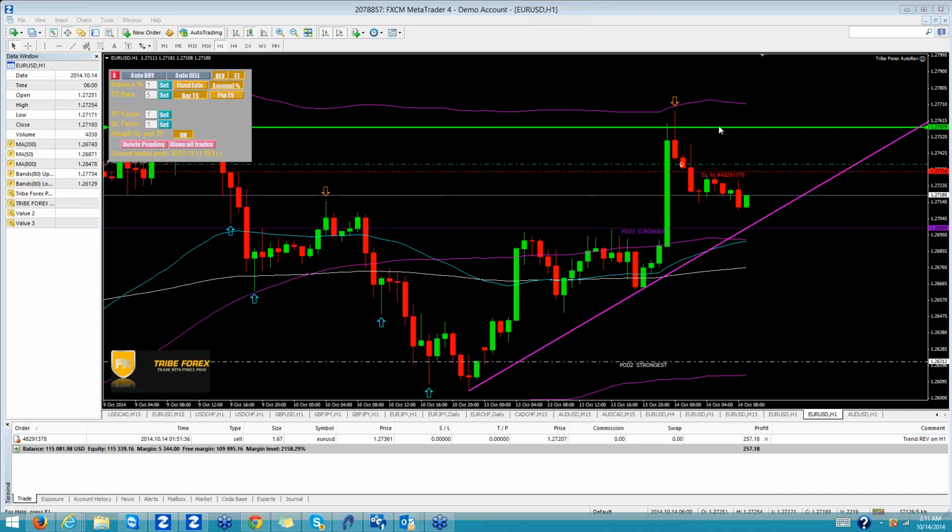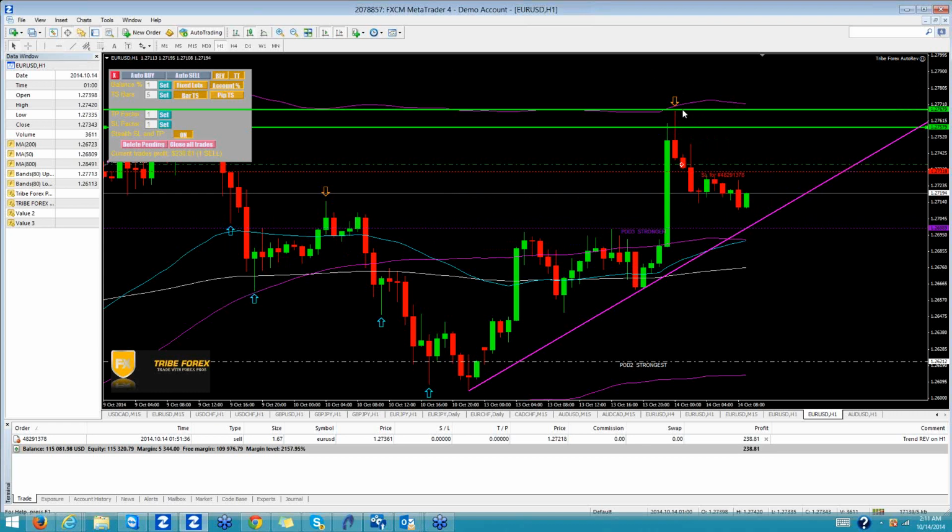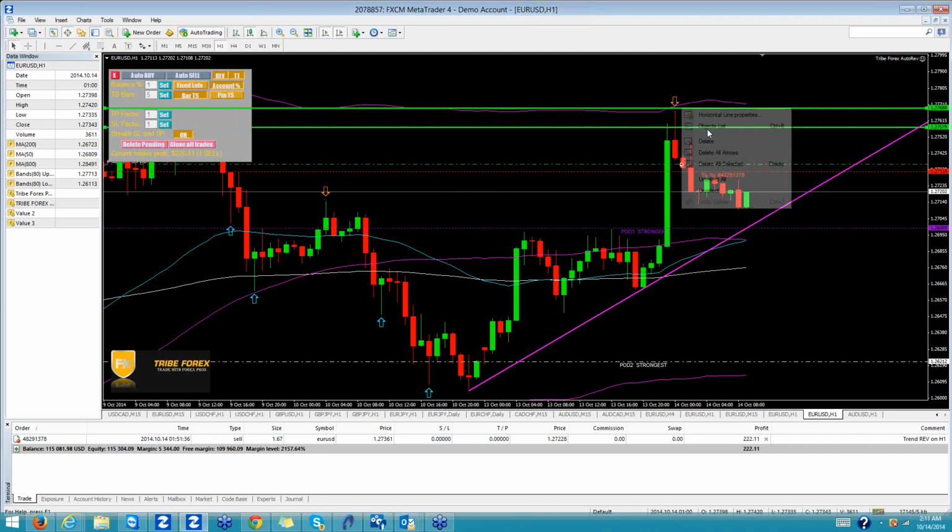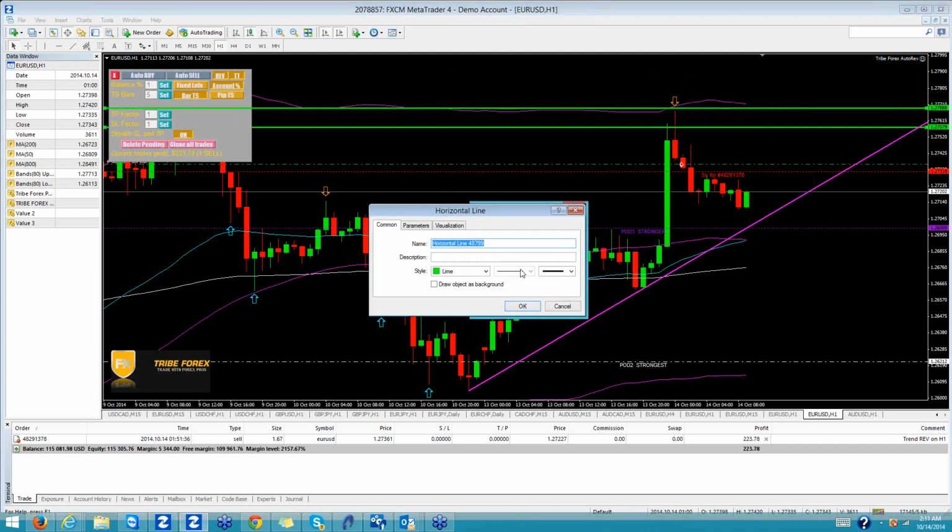Our area of support and resistance is the green line. So the stop loss has already moved up. In the beginning, the stop loss, I'm going to be very careful about placing lines on this chart, but it's already in a trade, so it doesn't matter. So our stop loss was up. Let me change the color of this one as well.